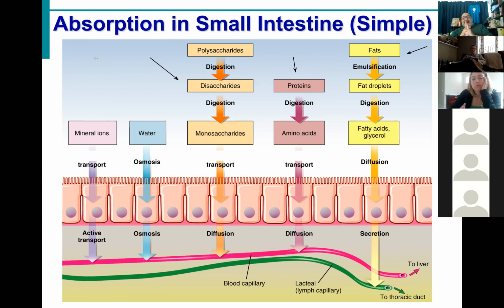We're going to talk about how it crosses that absorptive cell, both on the apical surface and the basal surface, what it goes into, whether it goes into a blood vessel or whether it goes into a lymphatic vessel. And luckily, because we've had the cardiovascular system and the lymphatic system, we will also be able to trace the pathway of that nutrient all the way back to the right atrium of the heart.